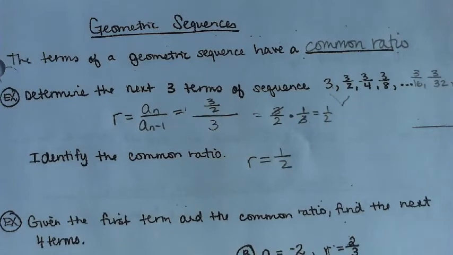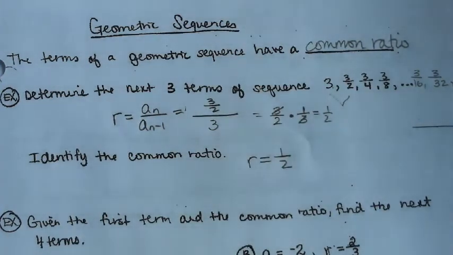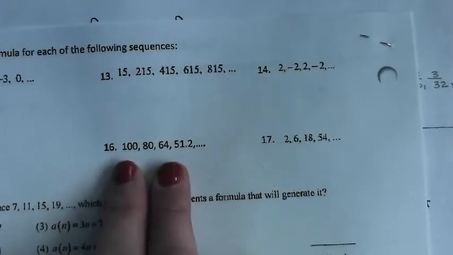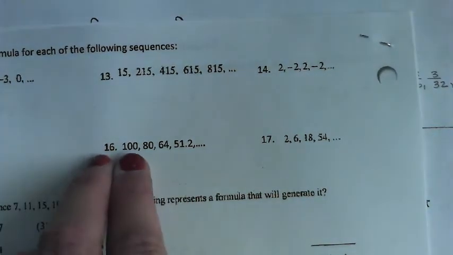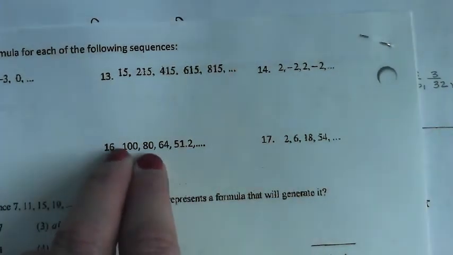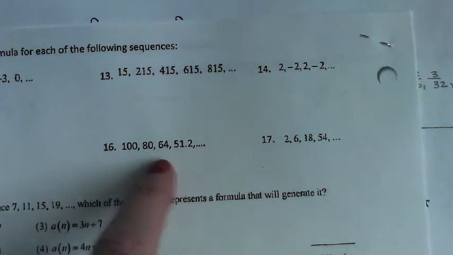Obviously, a lot of you figured that out without doing that division thing. But if I bring you back really quickly to not yesterday's homework, but the day before that, this was the problem: what's the common ratio that gets you from 100 to 80? And then from 80 to 64, and then from 64 to 51.2.